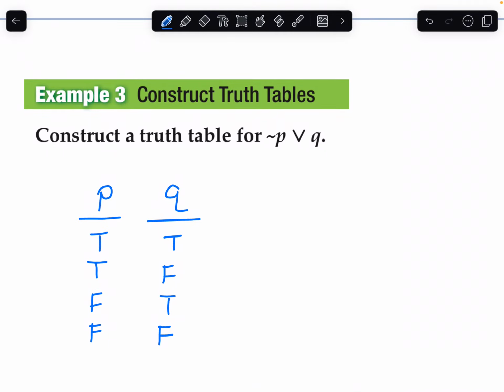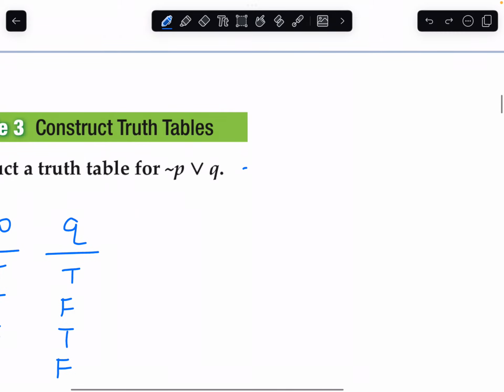And then we need not P. Notice this negation is only on the not P. This is not equal to the negation of the whole thing, not (P or Q). I'm not trying to confuse you. I'm trying to point out something else that might show up that you don't want to mix this up with.